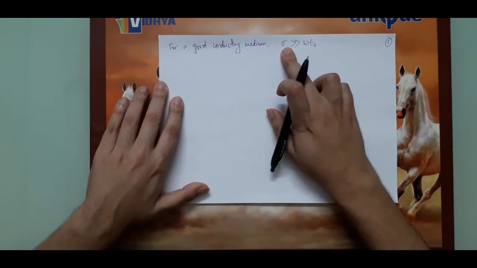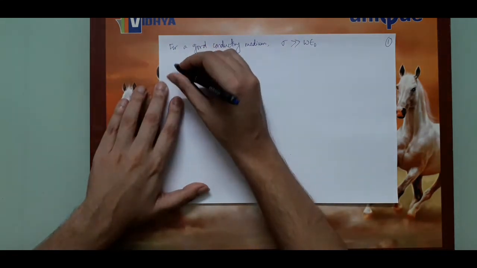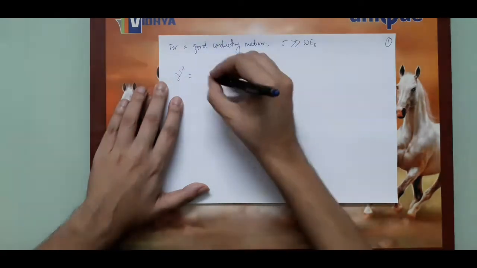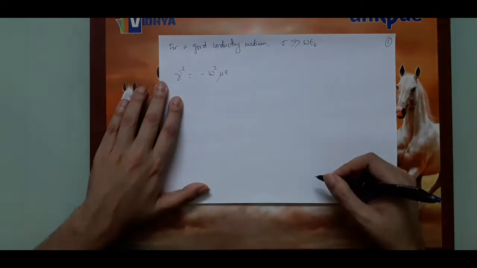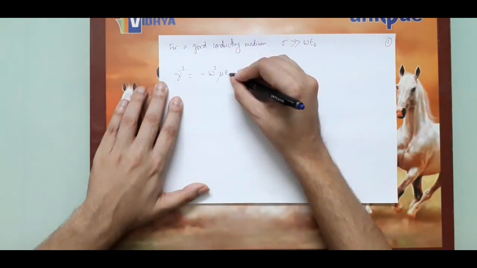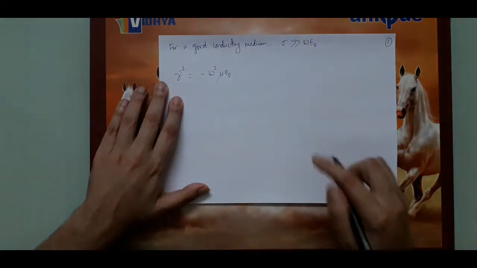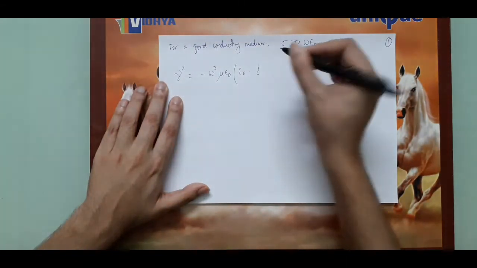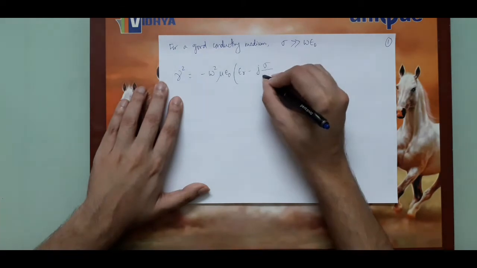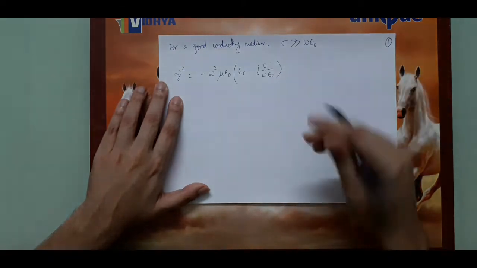So what we had discussed was the propagation constant gamma, or gamma square. What we had written is nothing but minus omega square mu times epsilon, where epsilon will now be the effective complex epsilon for the whole medium. So that is epsilon r minus j sigma by omega epsilon 0.